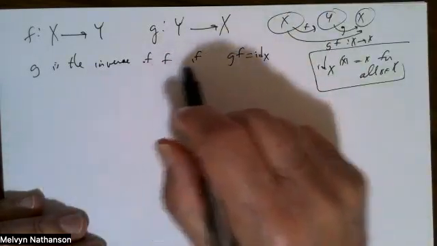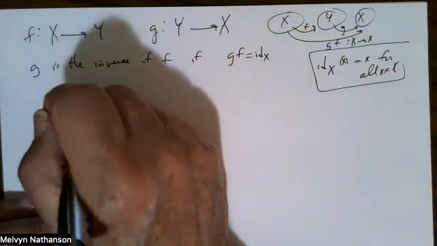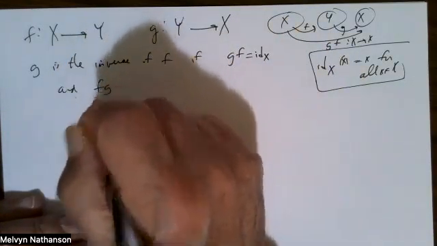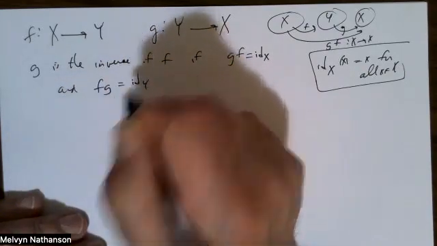So g is the inverse of f if g composed with f is the identity on x, and also f composed with g, which is a function from y to y, is the identity on y.